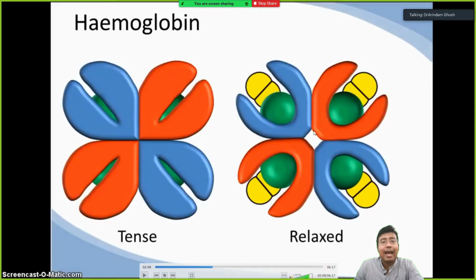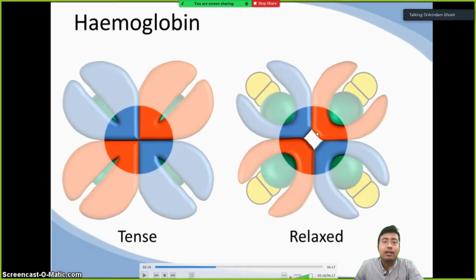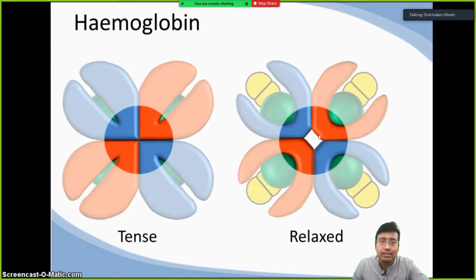Now, there is a gap that has been created in between, okay. So who takes advantage of this? 2,3-BPG takes advantage of this, and now 2,3-BPG will enter over here. When 2,3-BPG enters at lower pH, this hemoglobin subunit has more affinity for 2,3-BPG, and at higher pH it has more affinity for oxygen, okay.